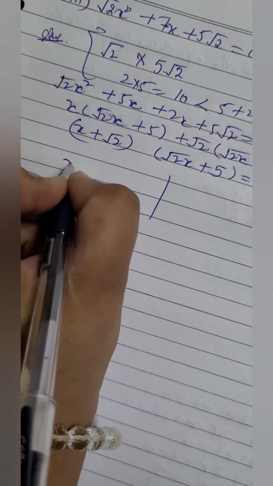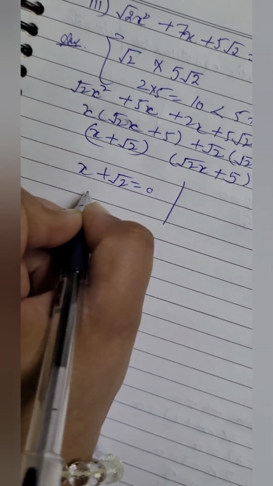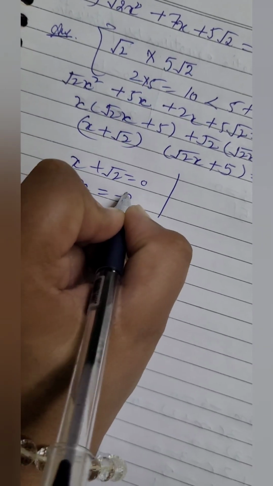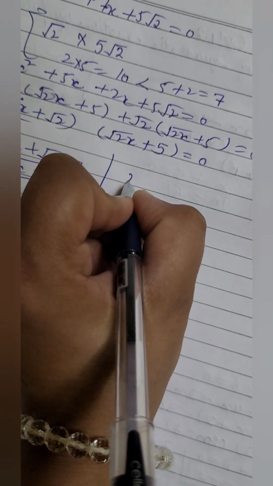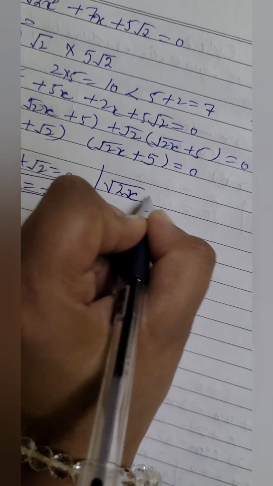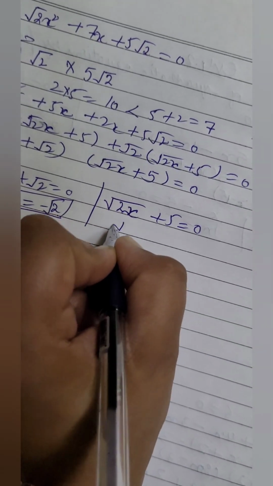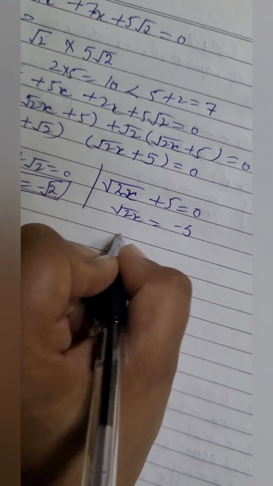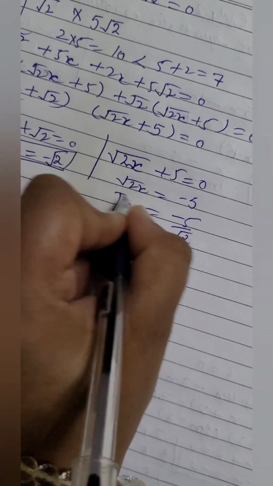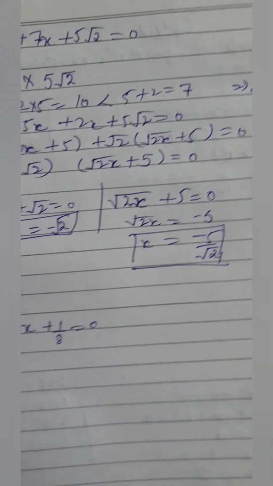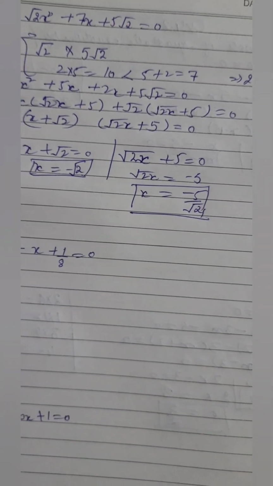So from the first we get x equals to minus root 2, and from the second root 2 x plus 5 equals to 0, root 2 x equals to minus 5, x equals to minus 5 by root 2. These are the two roots of the question. Hope you understand this question.